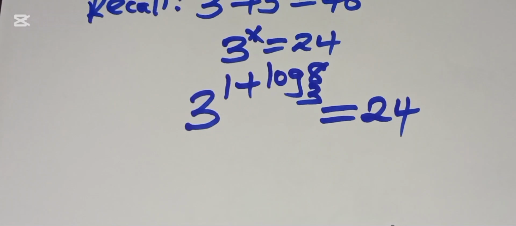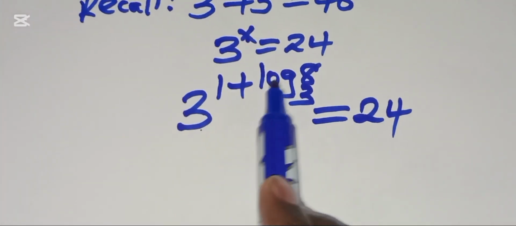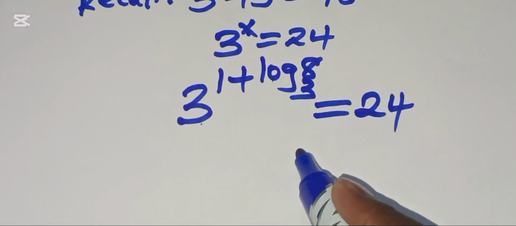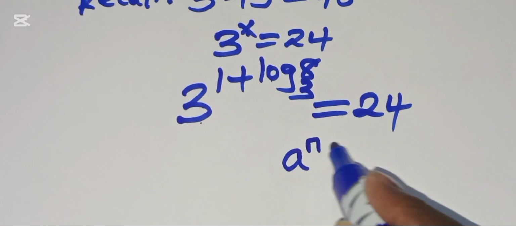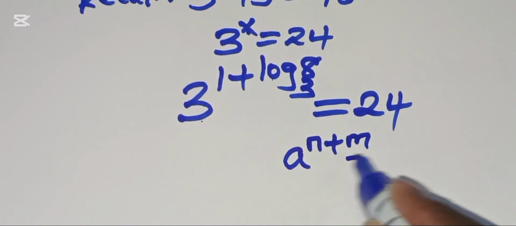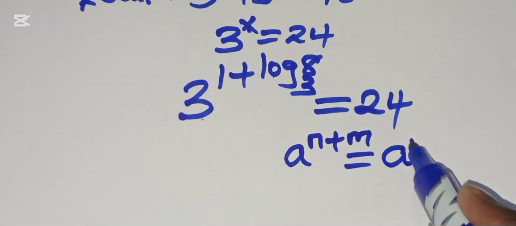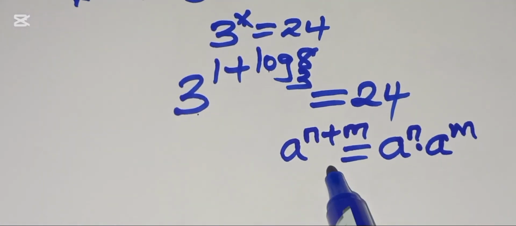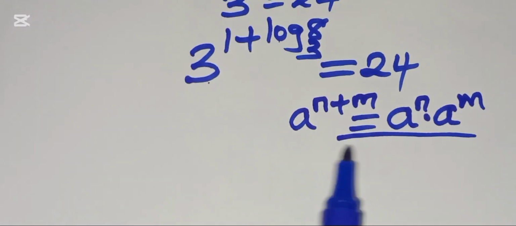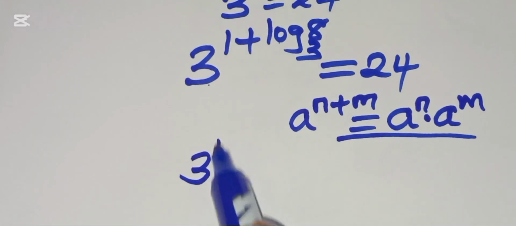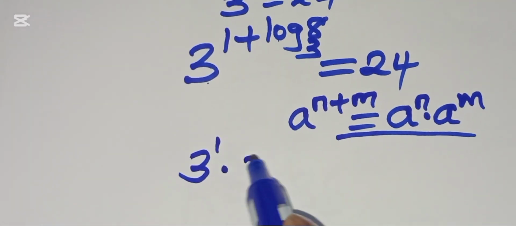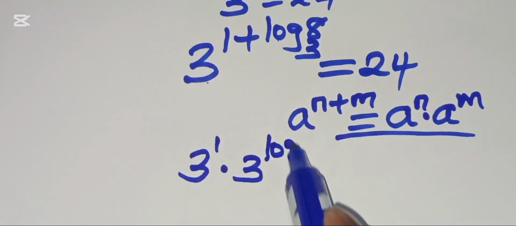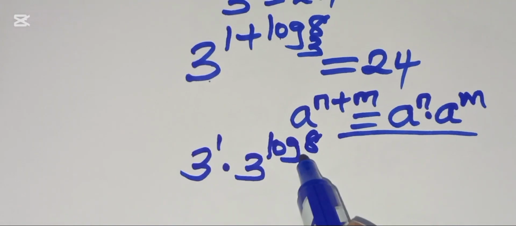As you can see, 3 raised to power 1 plus log 8 to base 3 is in the form of a raised to power n plus m, which you can express as a raised to power n multiplied by a raised to power m. Using this property, we have 3 raised to power 1 multiplied by 3 raised to power log 8 to base 3.